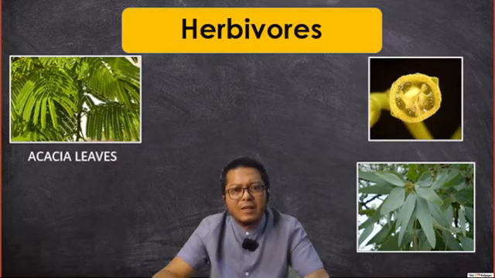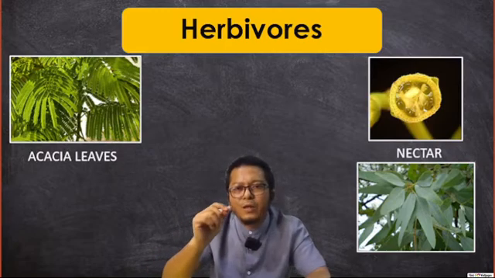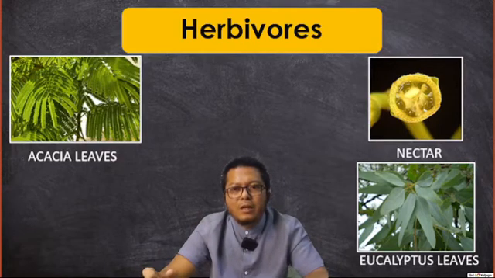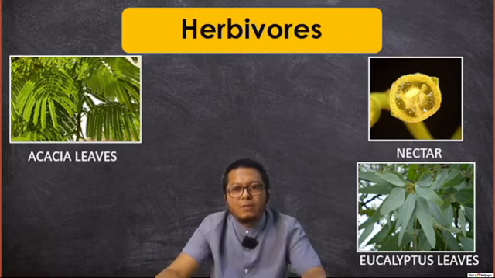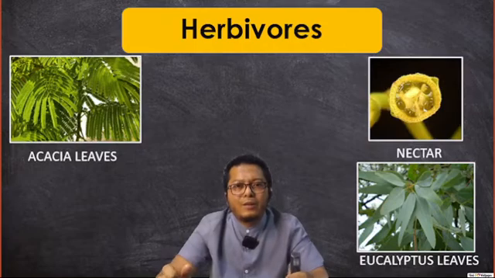What is this? Acacia leaves or nectar. Nectar is a liquid inside the flower which is quite sweet, a little sweet. And next, some animals love to eat eucalyptus leaves.